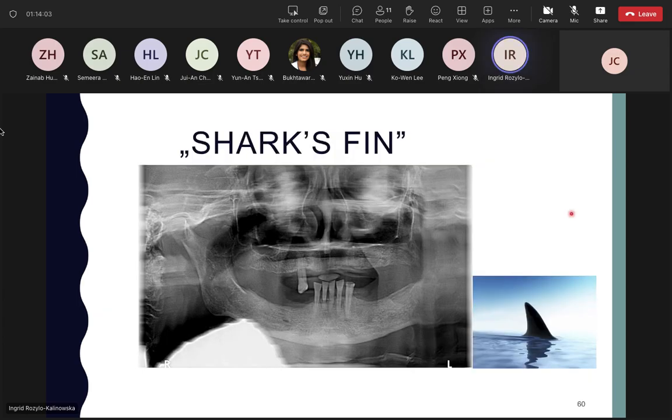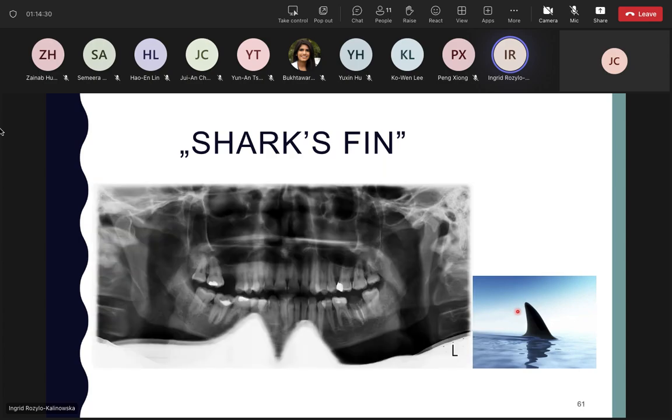I think I explained this one as well in our seminar. If the lead apron without collar is placed too high up on the patient's back, then it will produce a shadow, which is called shark's fin. It's like a shark swimming in the water, just the fin protruding out of the water. In this case, the patient put the whole lead apron high on the back, and this resulted in this very dense shadow.